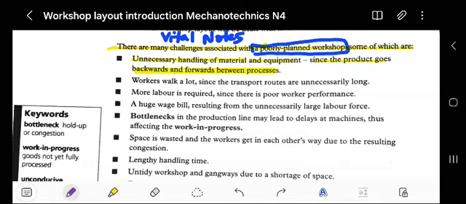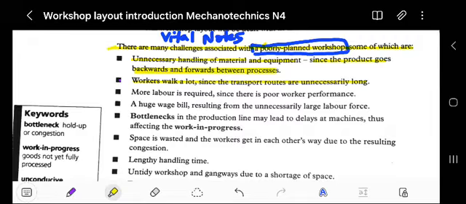Then, point two. Workers walk a lot since the transport routes are unnecessarily long. Imagine you create long roads for workers.